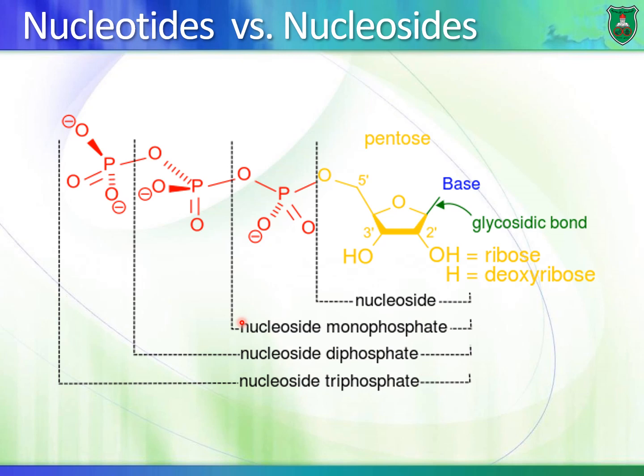If I add a phosphate to it, now I know the number of phosphate molecules attached to this nucleoside. So if it's 1, I say monophosphate. If it's 2, then diphosphate. If it's 3, then triphosphate. Now, a very famous example of a nucleoside triphosphate is ATP, which I'm sure you know of.